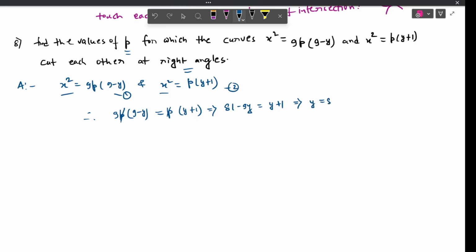So you will get y equals 8 here. Okay, this is 80, this is 10y and it will be 8. Y equals 8. Now if you put y equals 8, then from equation 1 you will get x square equals 9p into 9 minus 8, that is 1.